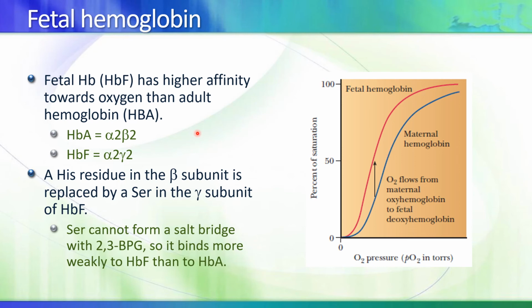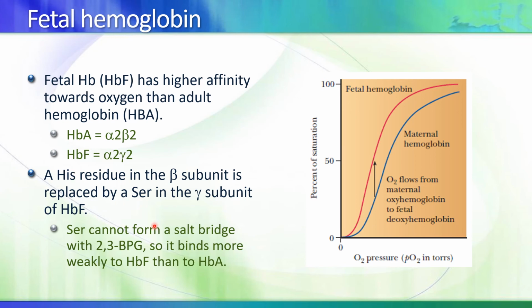So the thing is, why is it that fetal hemoglobin has higher affinity for oxygen? And the answer is that there are structural changes. The main change is that there's a histidine residue in the beta subunit in the adult hemoglobin that does not exist in the fetal hemoglobin. Rather, you have a serine instead of this histidine.